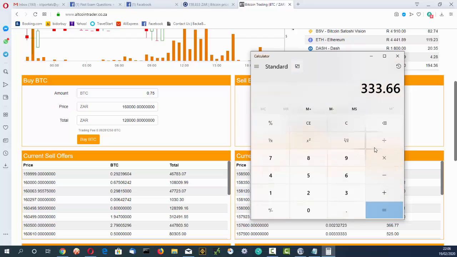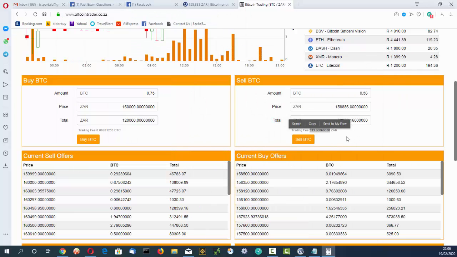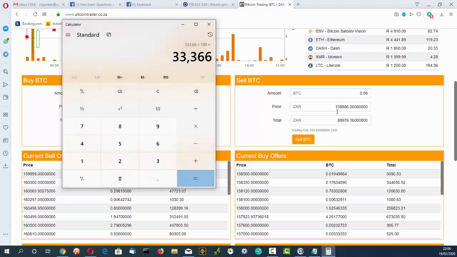333.66 multiply by 100. Then we divide it by the amount, 88,976.16. I used to calculate it for all my students.